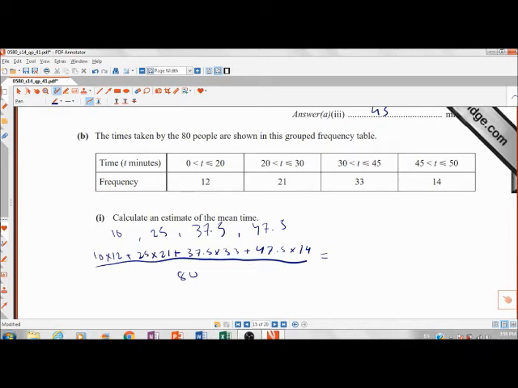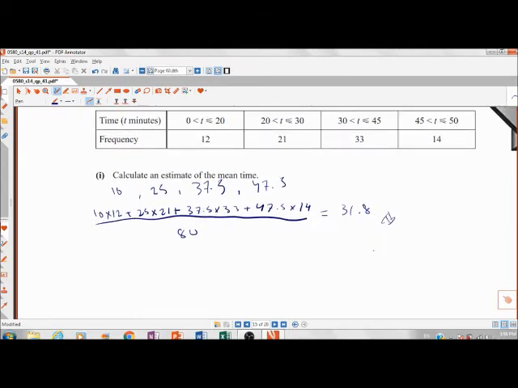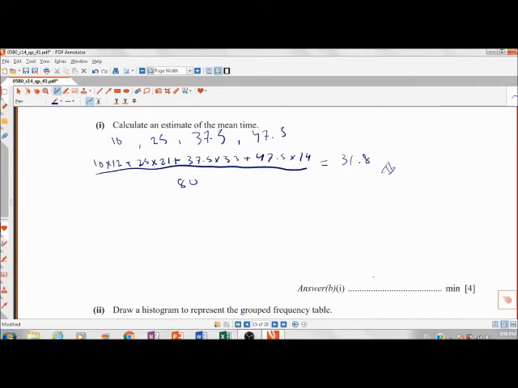You key that in your calculator and you get 31.8. That's the estimate of the mean time.